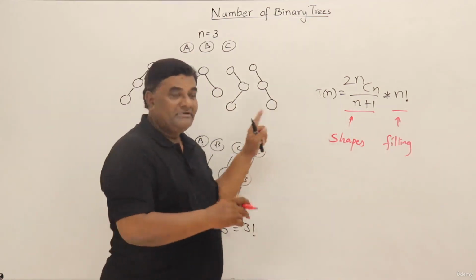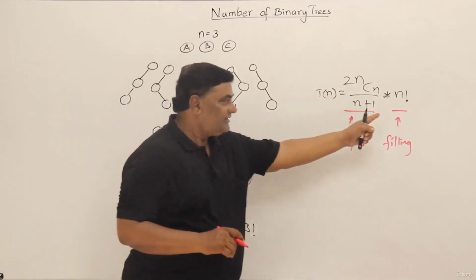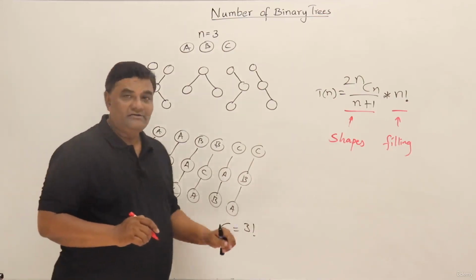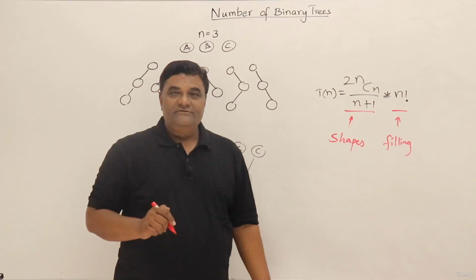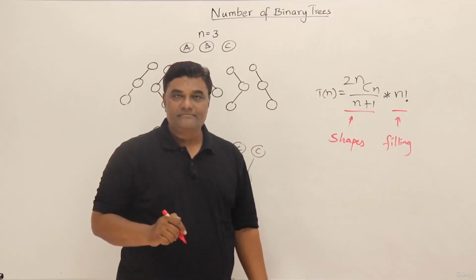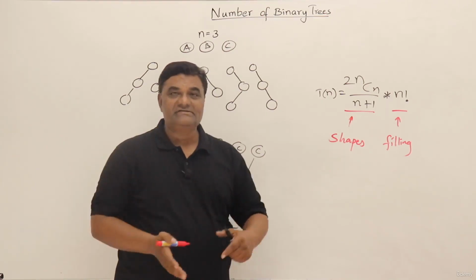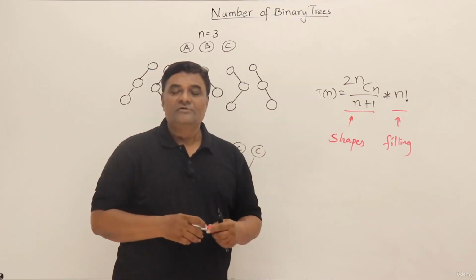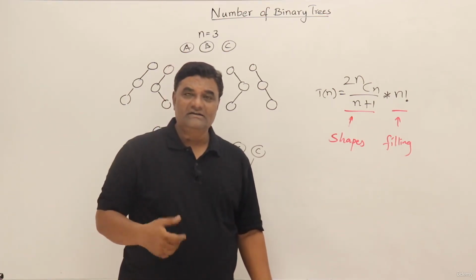So this gives you how many different shapes we can get, 5 different shapes. Then n factorial gives how many ways one shape can be filled, that is n factorial ways. So if the nodes are labeled, then this formula applies. So that's all, end of the topic. We have learned the number of nodes versus the number of different shaped binary trees. This analysis is useful further in other topics.